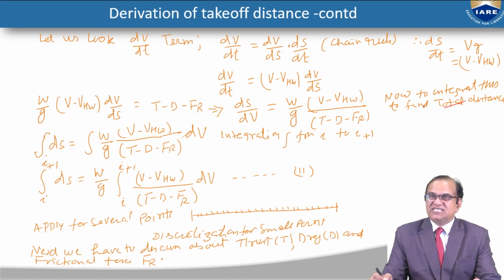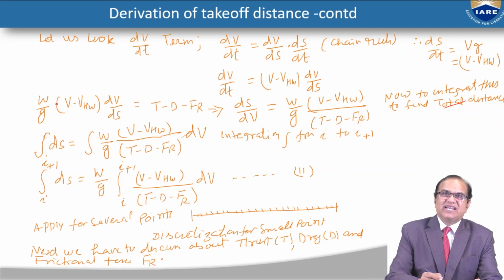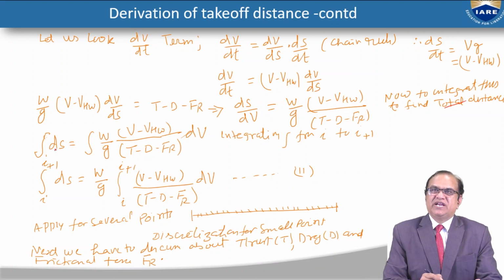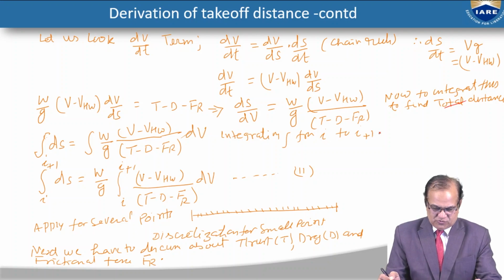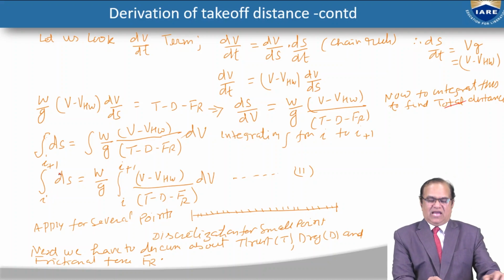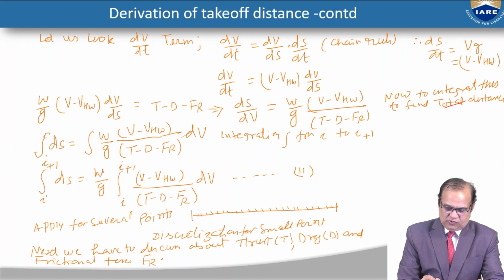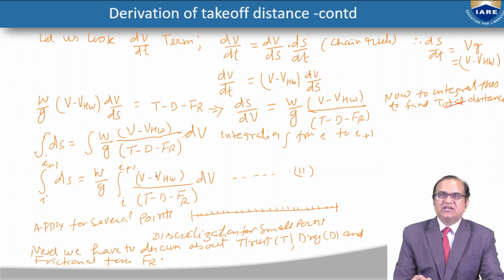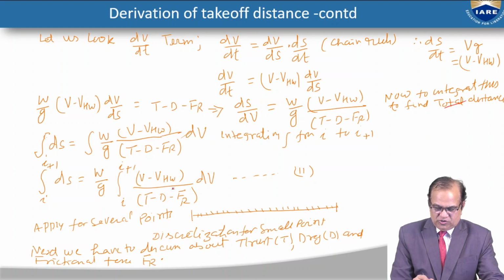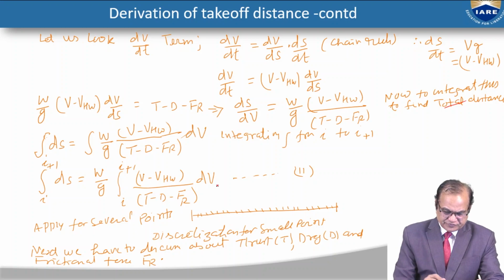Now to integrate this to find the total distance. The integral of dS is equal to W by g, V minus VHW divided by T minus D minus FR into dV, integrating from i to i plus 1. So integral from i to i plus 1 of dS is equal to W by g, integral from i to i plus 1 of V minus VHW divided by T minus D minus FR into dV.